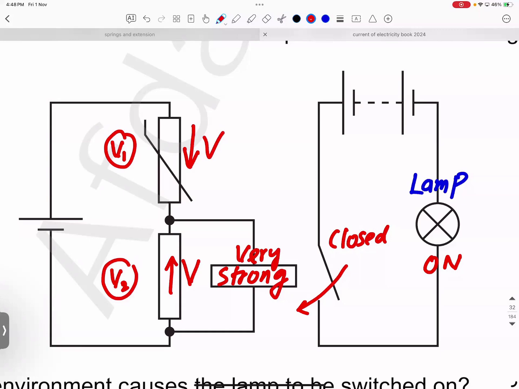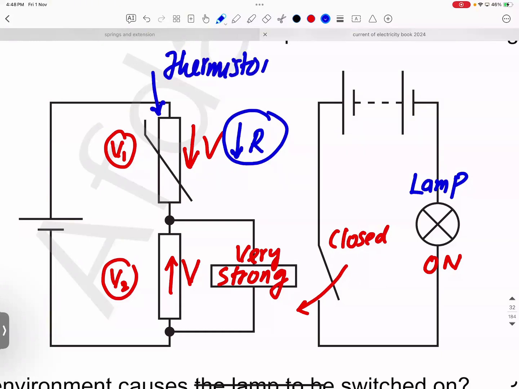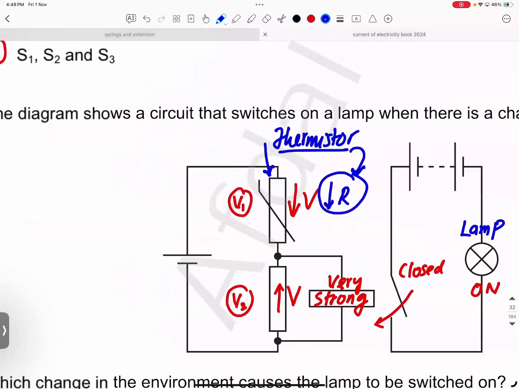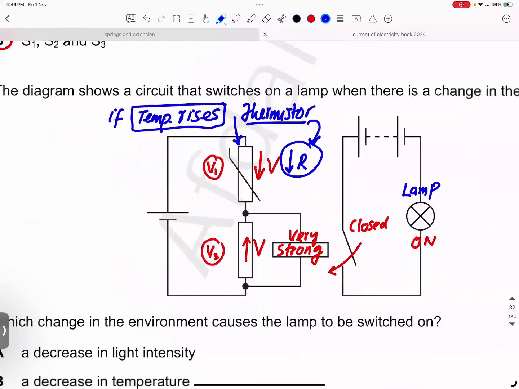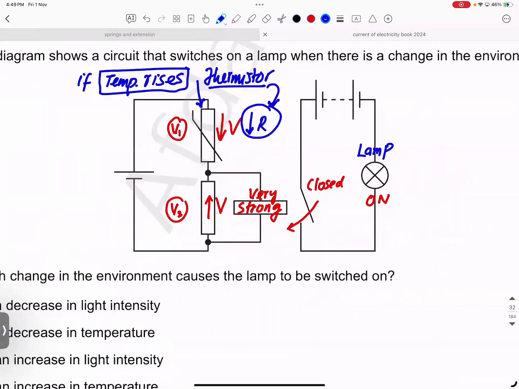If one voltage is to be high, the other has to be low. This voltage share low means this resistance should also be low. Resistance of this thermistor can only be low if the temperature of the thermistor rises. By the way, it's a very good circuit.